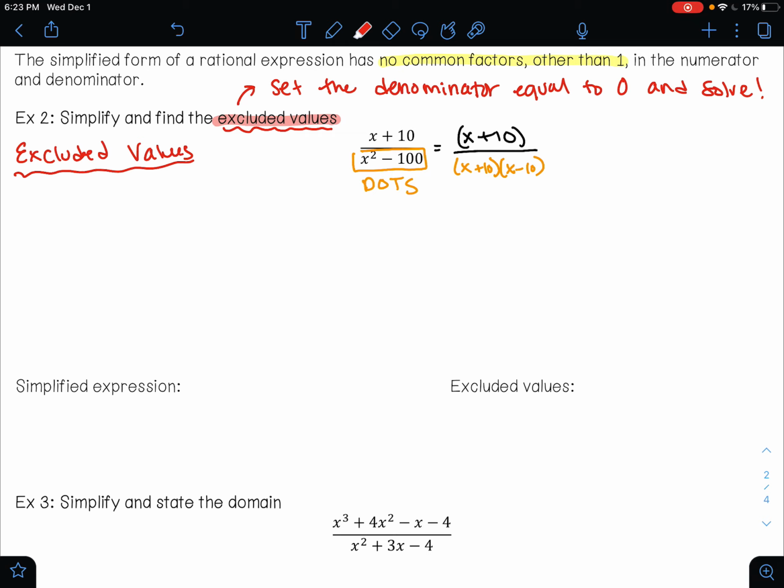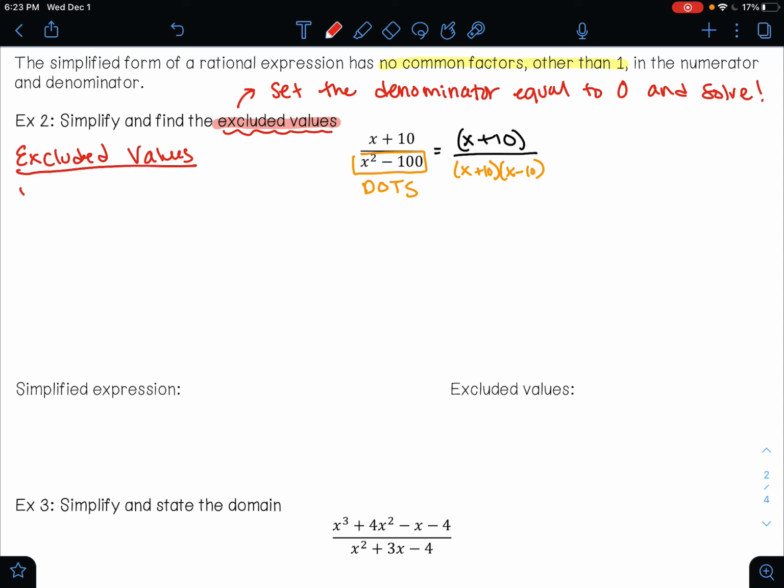So I'm going to have x plus 10 equals 0 and x minus 10 equals 0. To solve this equation, I'm going to subtract 10 on both sides and get x equals negative 10. For this one, I'll add 10 to both sides and get x equals positive 10. So my excluded values will be all values of x such that x does not equal negative 10 or positive 10.